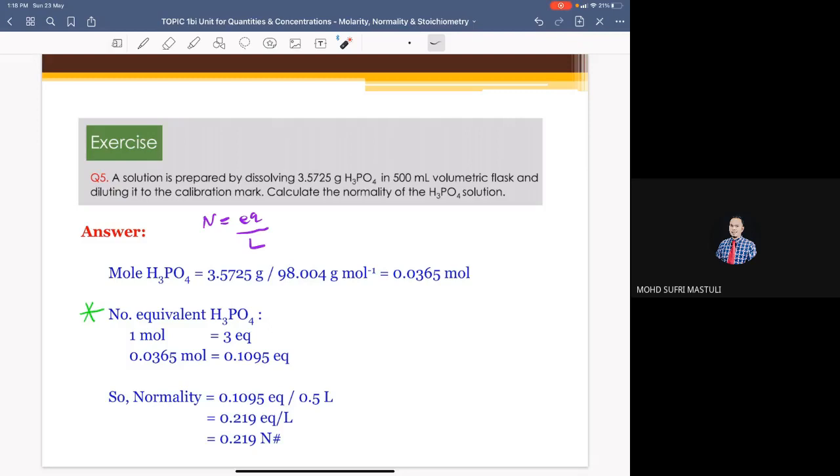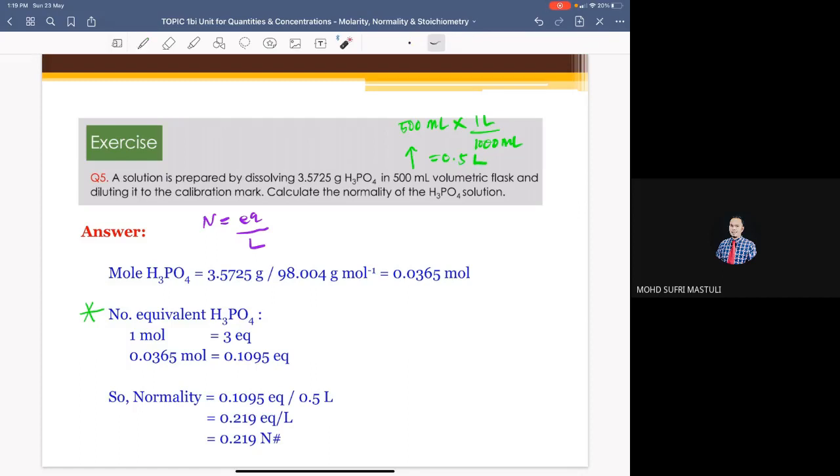0.1095 EQ. After you obtain the EQ, you divide it over the volume of solution. The volume of the solution in this case is 500 ml, so convert into liter: 500 ml times 1 liter per 1000 ml gives 0.5 liter.